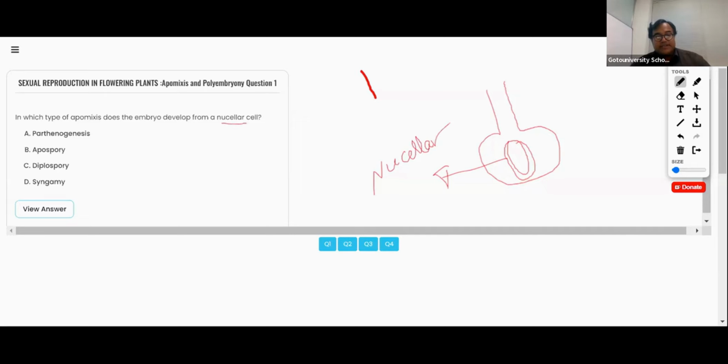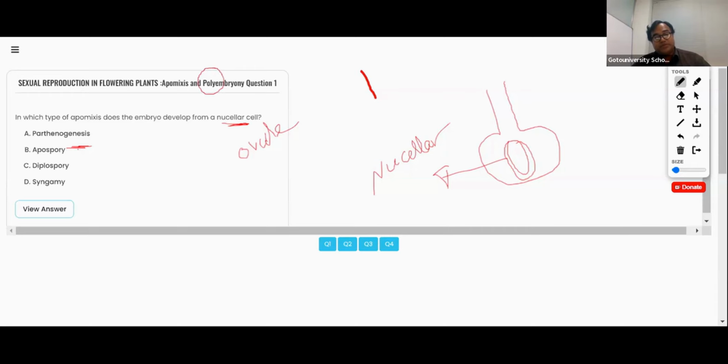It is present along with the ovule, and the ovule is a part of the ovary, right? Apospory denotes the formation of the embryo from the nucellar cells. That means the male gamete and female gamete are not involved.